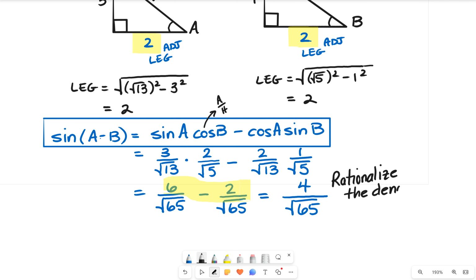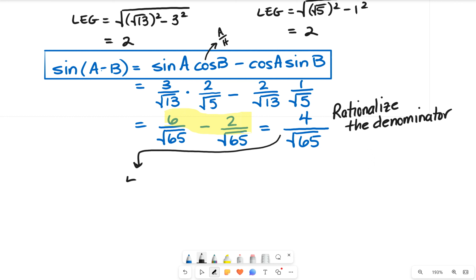So what does that mean? You guys have done this before. Take the fraction, if it has a radical in the denominator, and multiply numerator and denominator by the radical you are trying to get rid of. Square root of 65 in this case. You're multiplying by a 1, so you're not changing the value of your initial fraction.